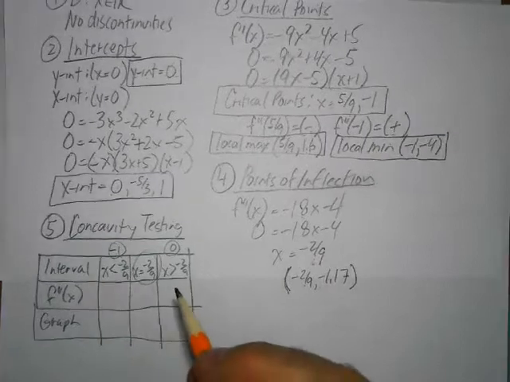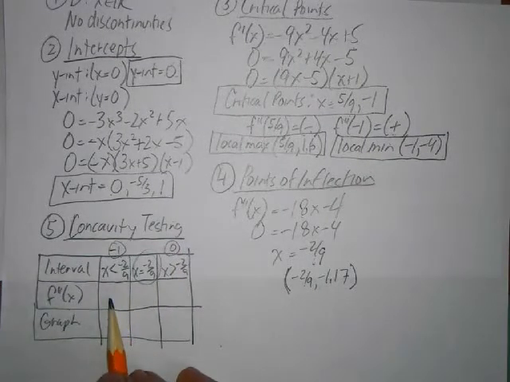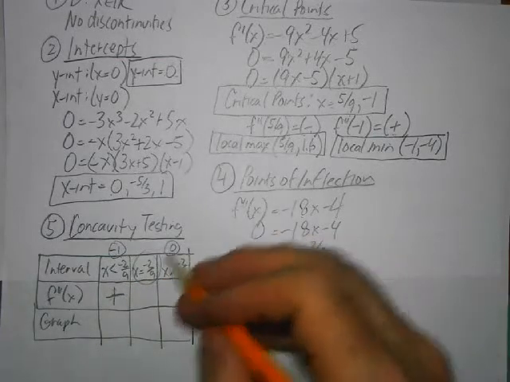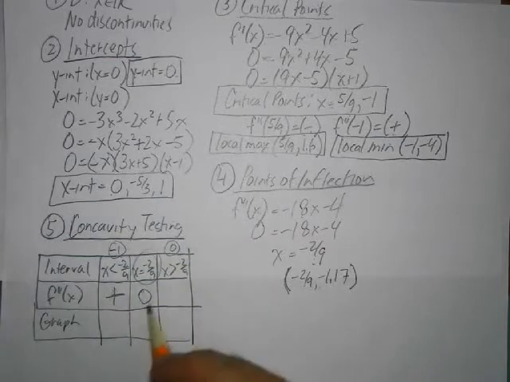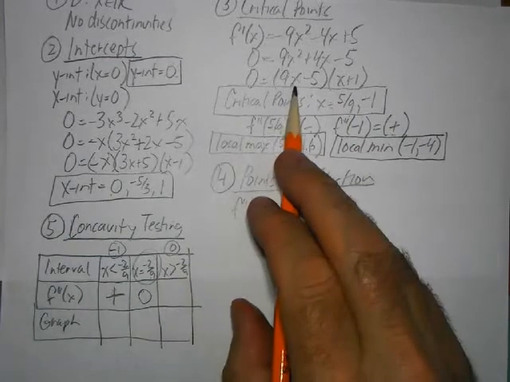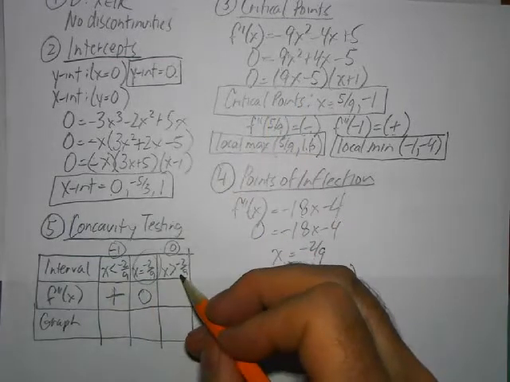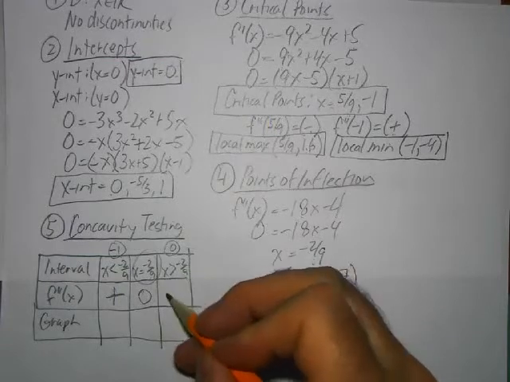Well, let's just do the test here. If I plug -1 into the interval test, I actually get a positive value. Obviously, when I plug in -2/9, we already know that value is 0 from our previous section. And when I plug in 0, the test value for that interval, I get a negative.